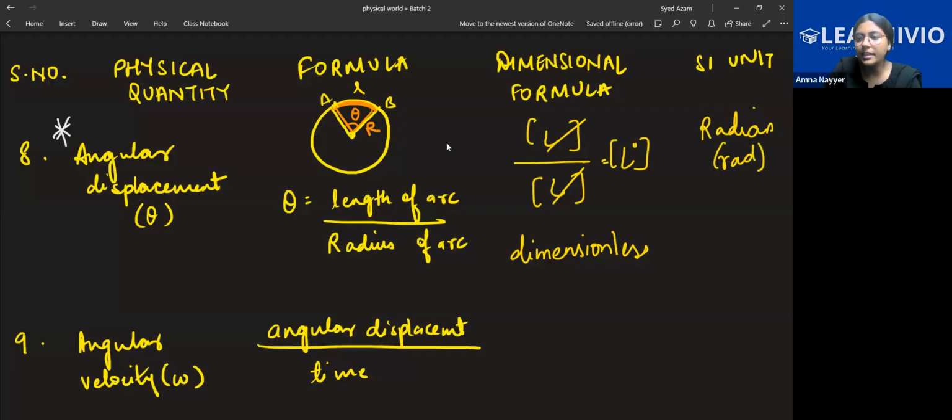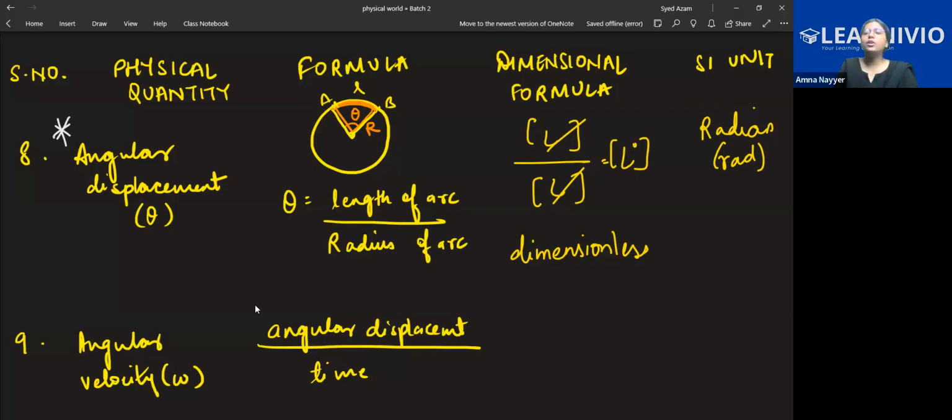So if the question says mention a quantity which is dimensionless but has a unit, keep angle in your mind. This question has come in your NEET exam also, and it keeps on coming in the school exam also. So keep in mind: angle is a quantity whose dimensions will be cut, but the unit will be preserved.